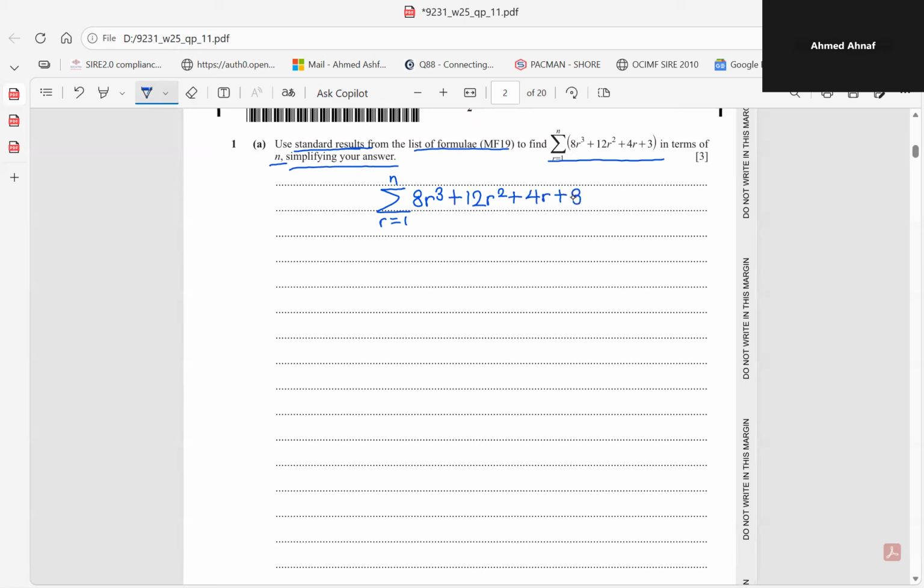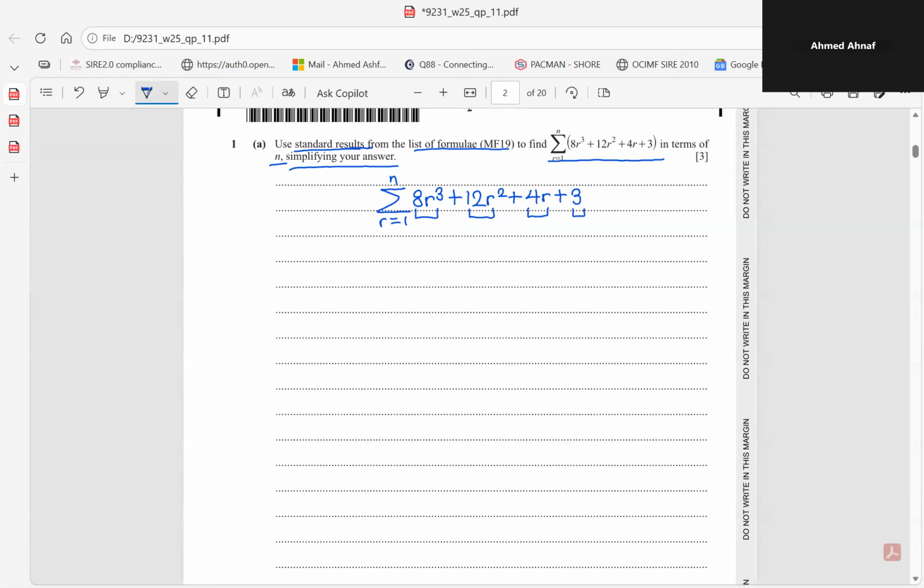Now, just like when you're integrating or differentiating, you can also split the individual terms in the summation. You can split all the terms that are in between the plus signs, as well as the terms that are not in terms of r, basically all the constant terms.